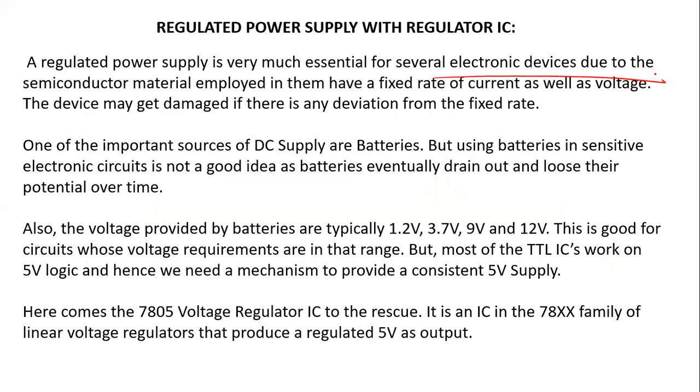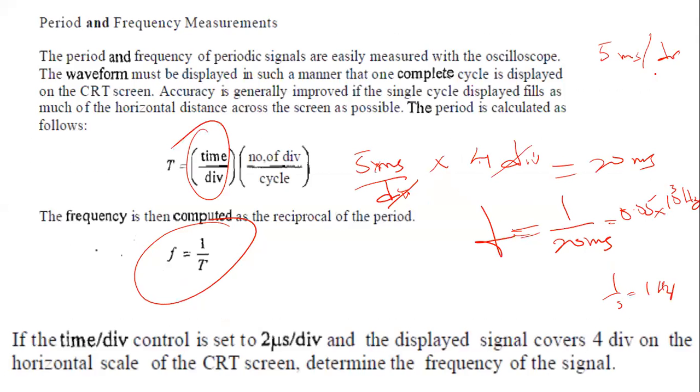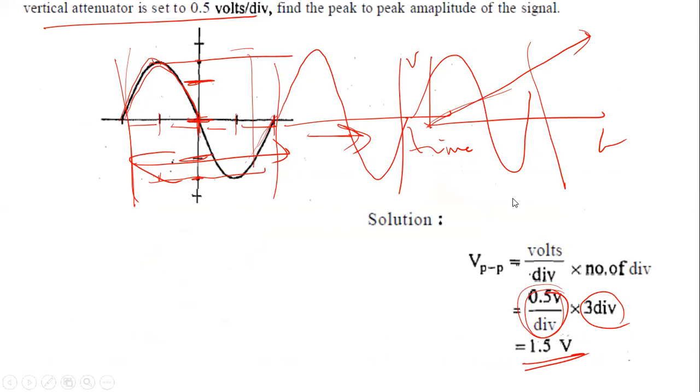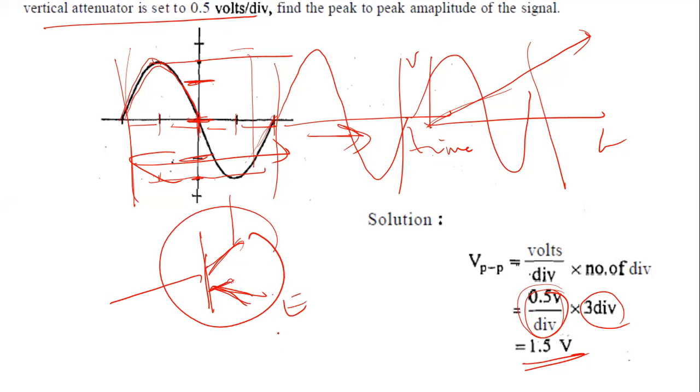For example, in an amplifier we usually use a transistor. If you remember the RC coupled amplifier, we have a transistor with an emitter, base, and collector.